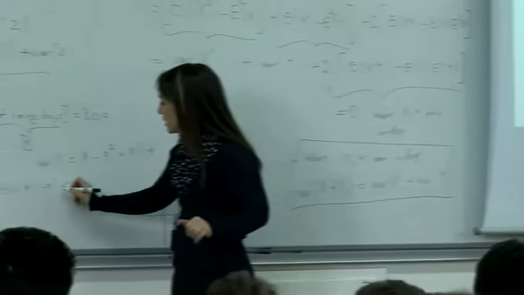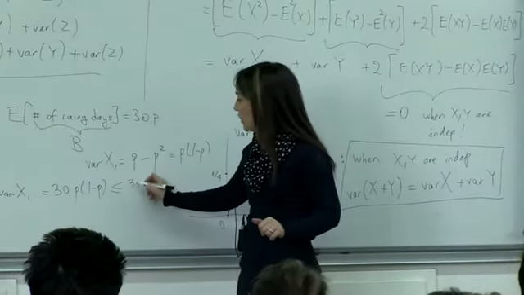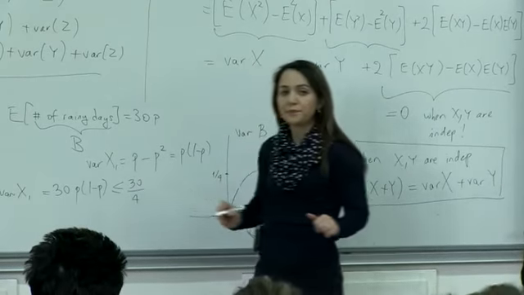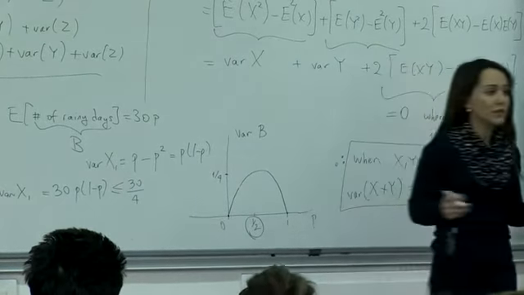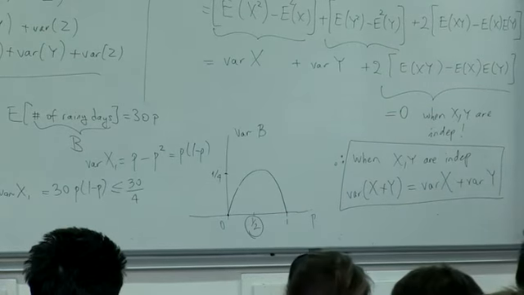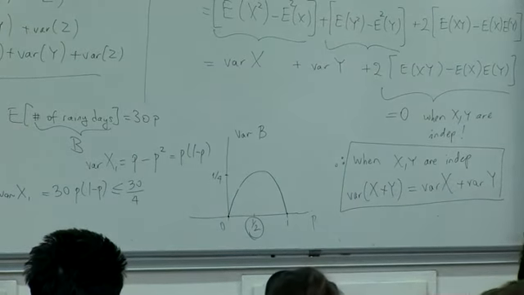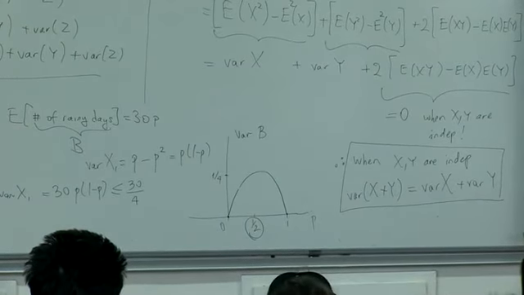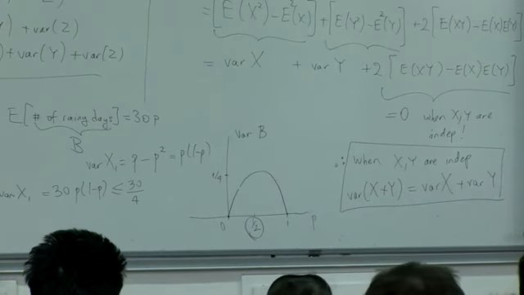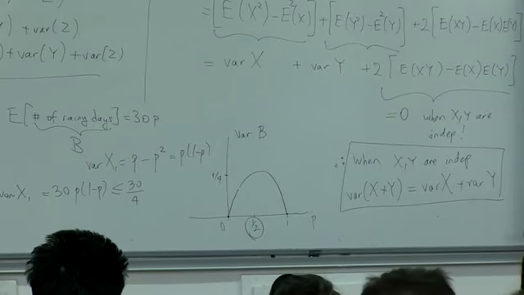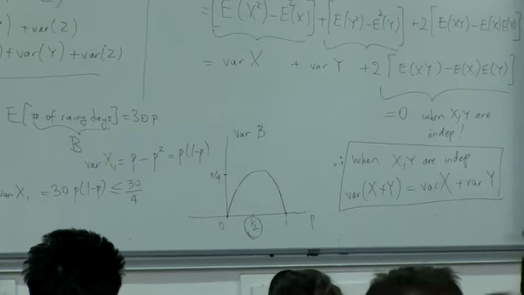So this is less than or equal to 30/4, which is 7.5. What is the expected number of rainy days? 30p. So when p is 1/2, the expected number of rainy days is 15, but the variance is 7.5. The variance is half the expectation in that case. Any questions?